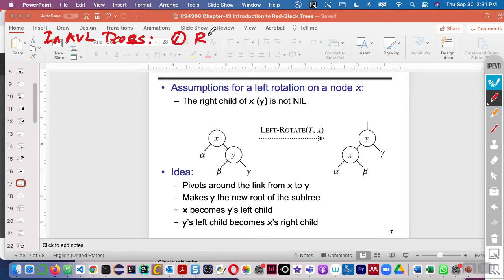Number 1 is right, number 2 is left, number 3 is right-left, and number 4 is left-right. In all of these cases, the nodes were single nodes, just nodes. But in a red black tree, we may need to rotate a branch.